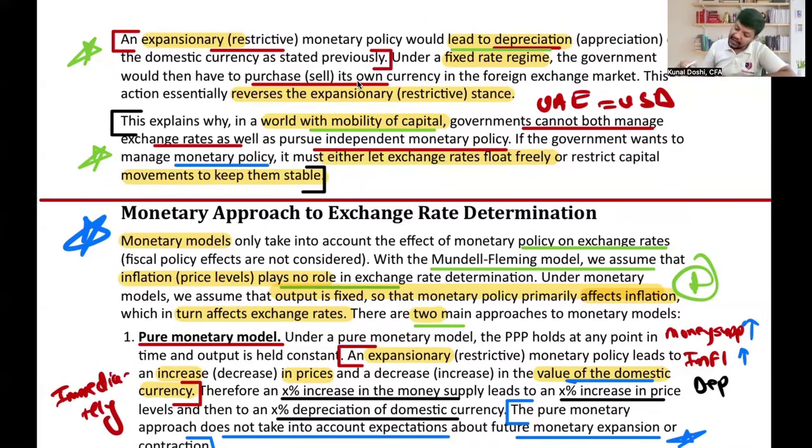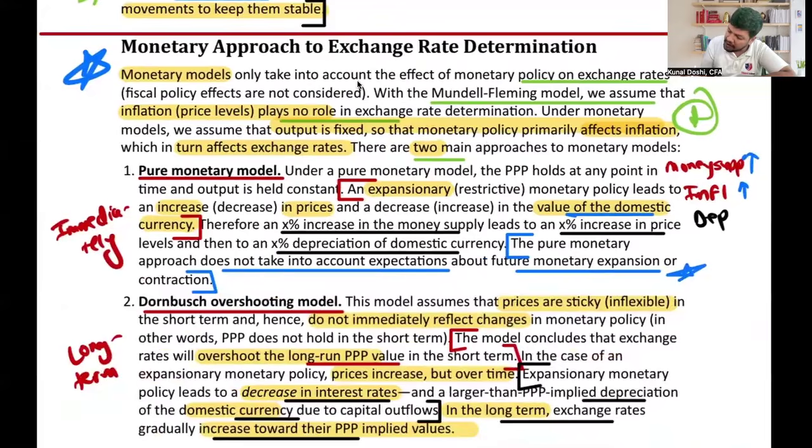Correct. There were monetary models also, apart from Mundell-Fleming. They take into account the effect of monetary policy on the exchange rate. What did Mundell-Fleming do? They said inflation doesn't play a role. The monetary models do assume that inflation plays a role. Correct?